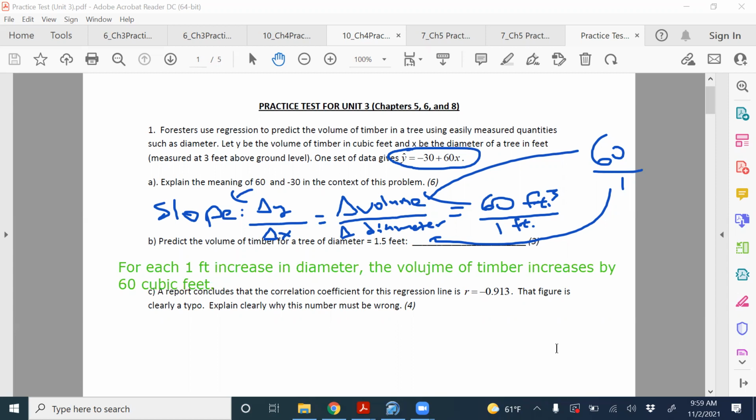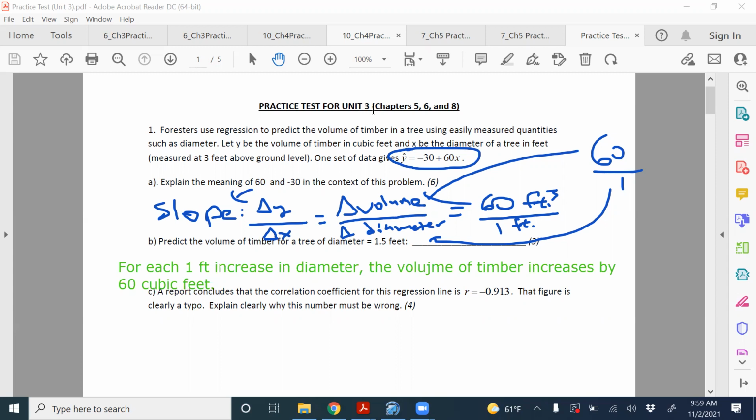That's how I interpret it. I want to think of it as a ratio, right? For every time this goes up by 1, this goes up by 60, because 60 is 60 over 1. That's positive, right? And I spelled volume wrong, but don't worry about it.